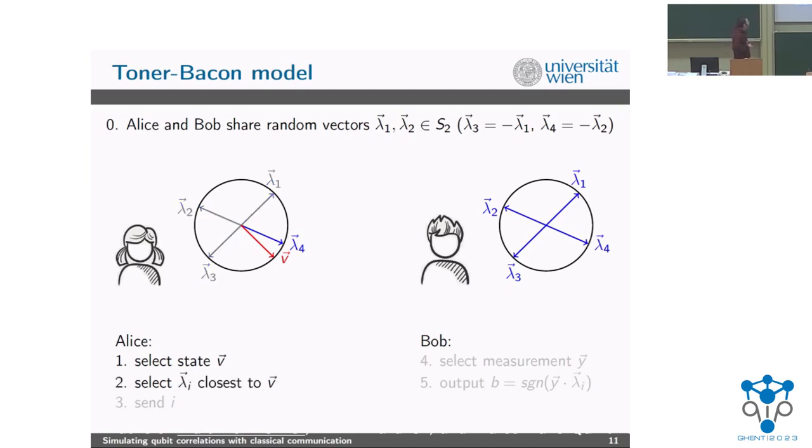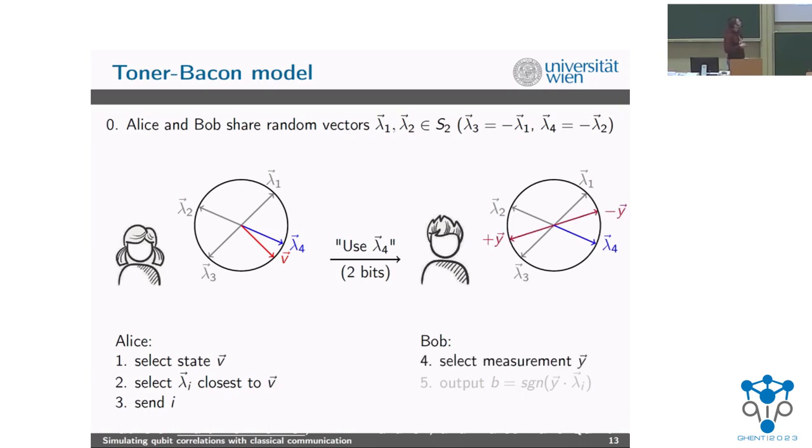In that case, it would be lambda 4. And she tells Bob to use only that vector lambda 4 and forget about all the other ones. Since there are 4 vectors, this requires 2 bits of communication because we have to discriminate between 4 different elements.